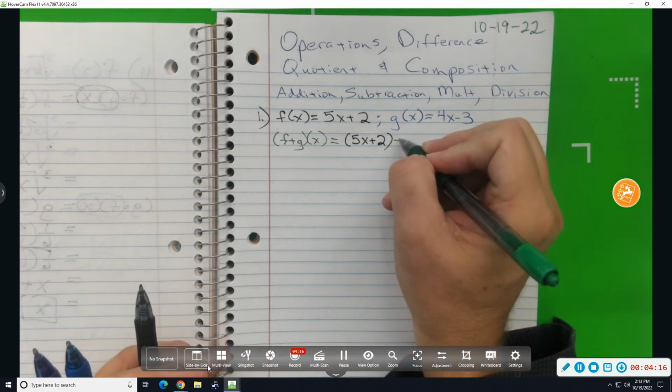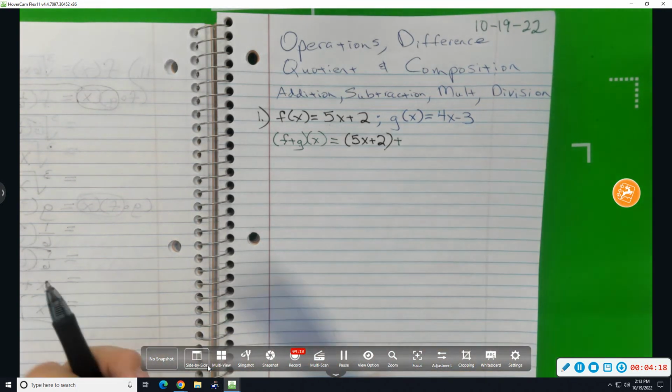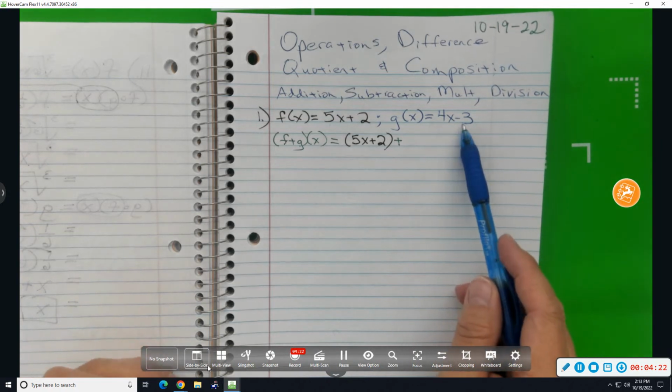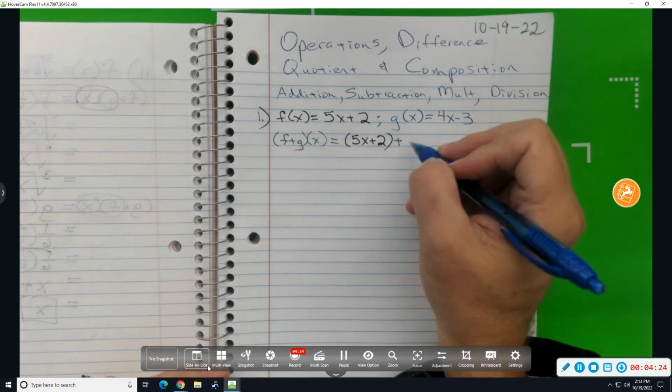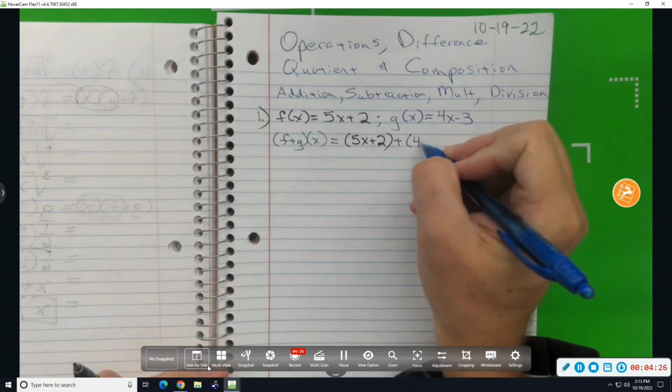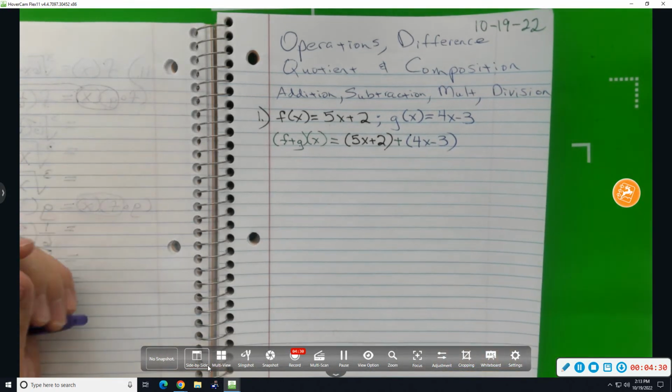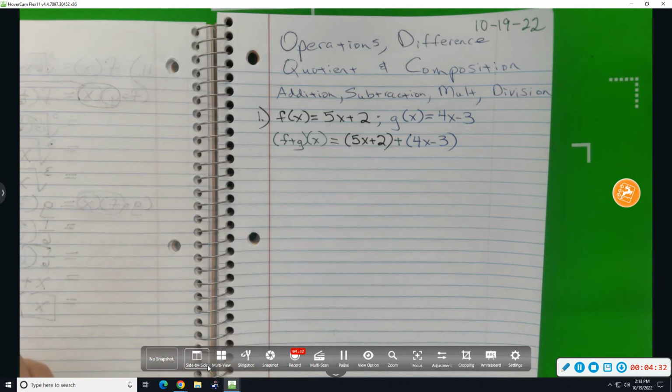Plus, now we want g of x. Well, g of x we know is 4x minus 3. They gave us that, so we'll enclose it in parentheses. Addition of functions is just plain old algebraic addition. You know how to add these expressions.